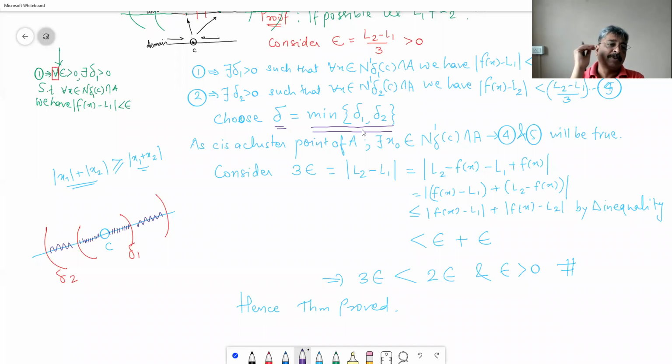That is why choosing the minimum delta is very important, because you are sure about all those points that they are well behaved. They are well behaved for condition number 1, and for condition number 2 also. However, for the points sitting here you cannot guarantee whether they will be well behaved for the first statement or not. That is why we have to choose the delta minimum.